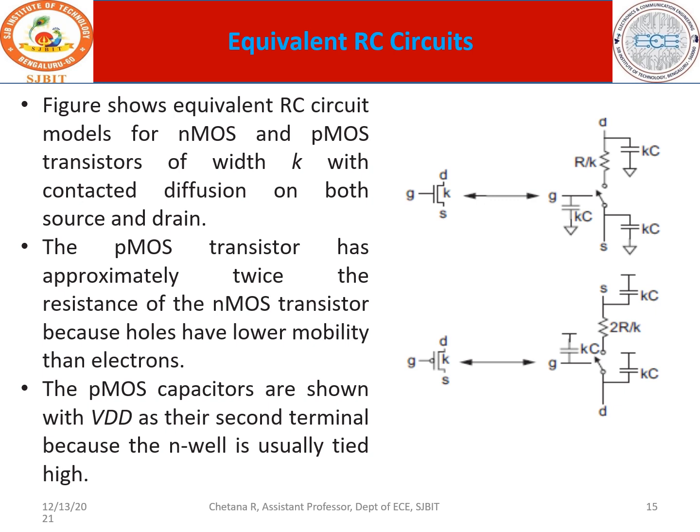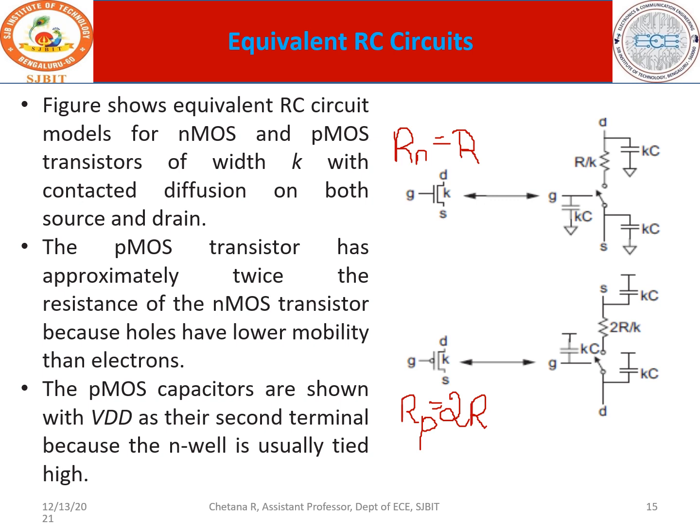You have three terminals, gate, drain and source, and the width of both transistors is K. The PMOS transistor has approximately twice the resistance. As already told, R in PMOS is equal to 2R, whereas R in NMOS is only R because of the lower mobility.